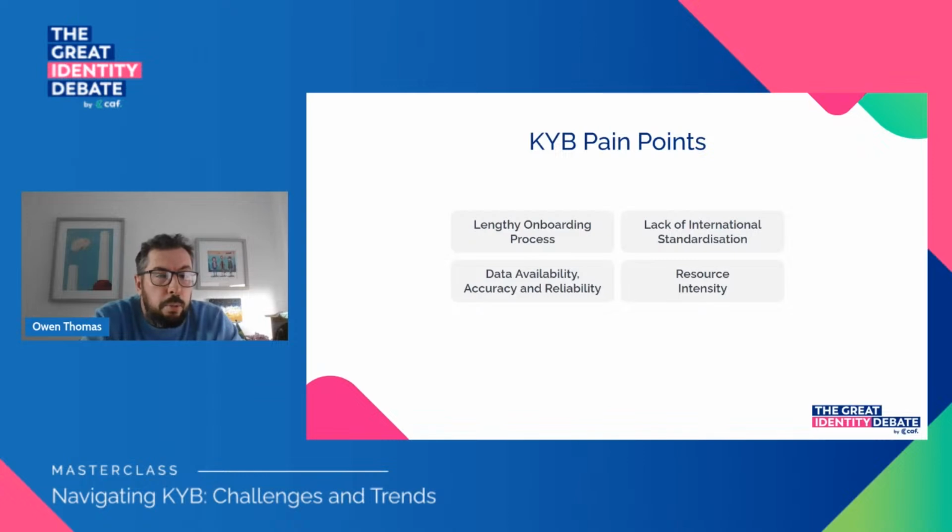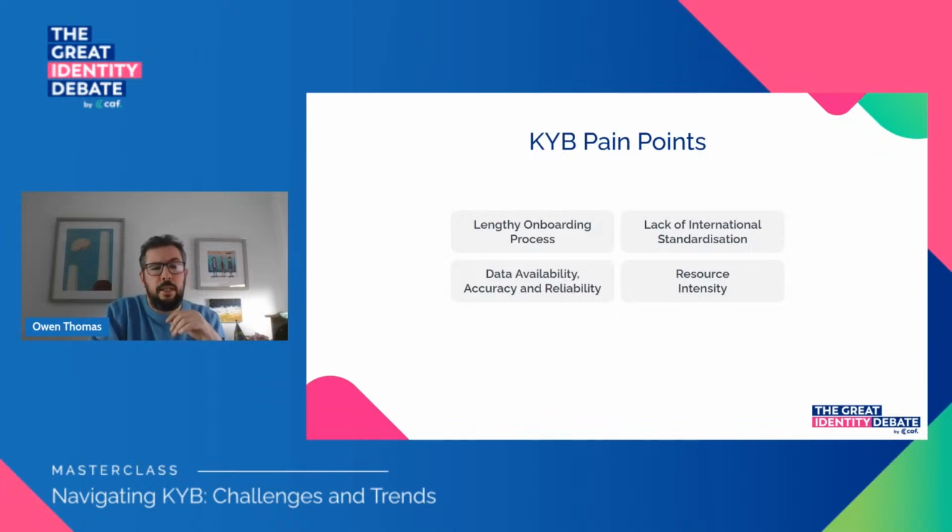And the requirements for disclosing ownership information can vary significantly. Some countries may have strict regulations that mandate the disclosure of UBOs, or ultimate beneficial owners, whilst others may have less stringent rules, or in some cases none at all.